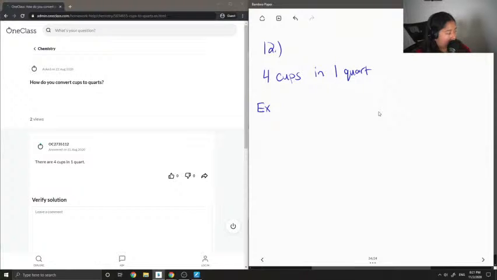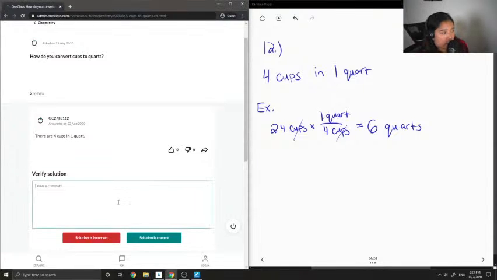So for example, if I wanted to figure out how many quarts are in 24 cups, I would multiply by this conversion factor, where whatever we're looking for is at the top, divided by 4 cups. The cups will cancel out, and you get 6 quarts. And our junior tutor said the same thing: there are 4 cups in 1 quart.